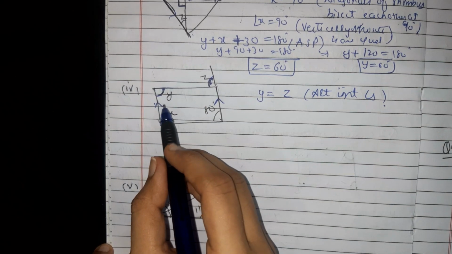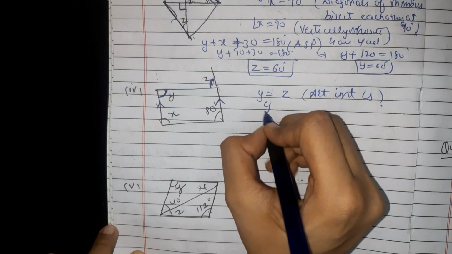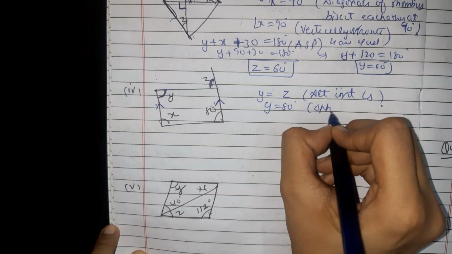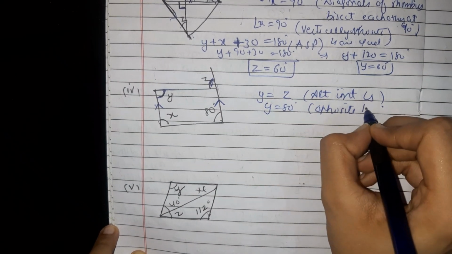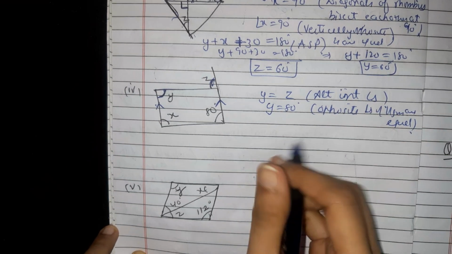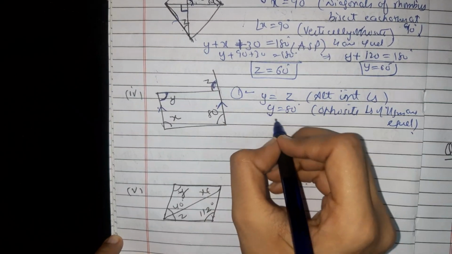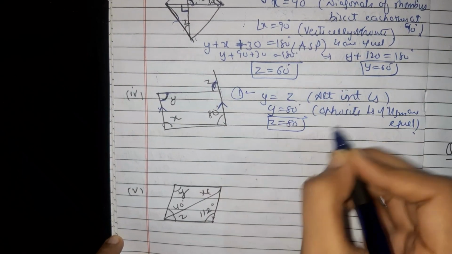Then we also know that the opposite angles of the parallelogram are equal. So y is equal to 80 degrees. Opposite angles of parallelogram are equal. So substituting the value of y in equation 1, we get the value of z as 80 degrees.